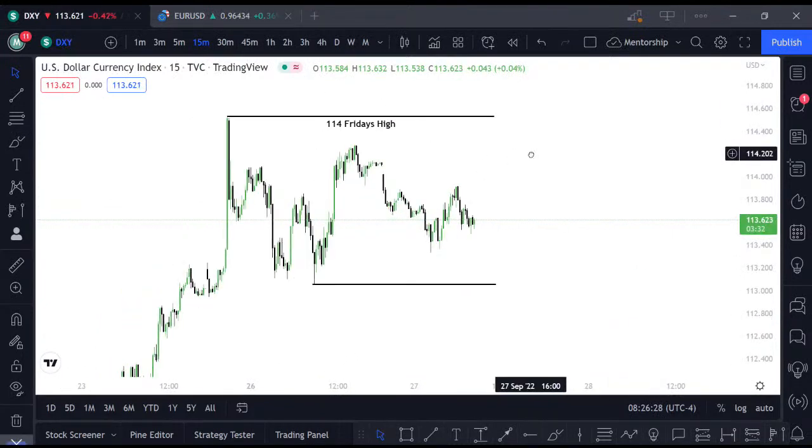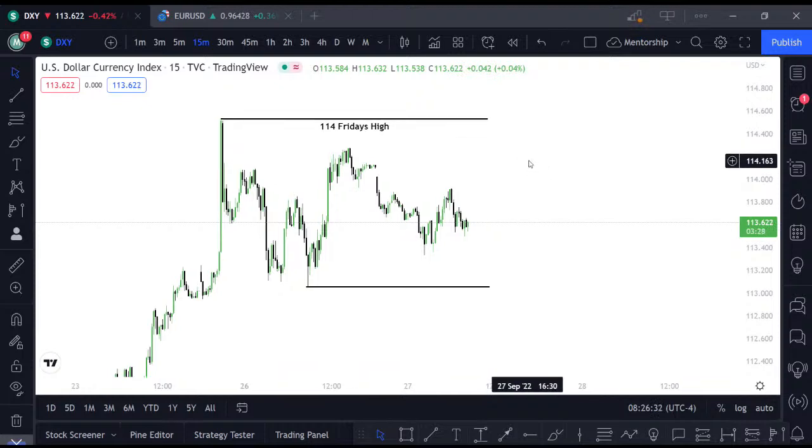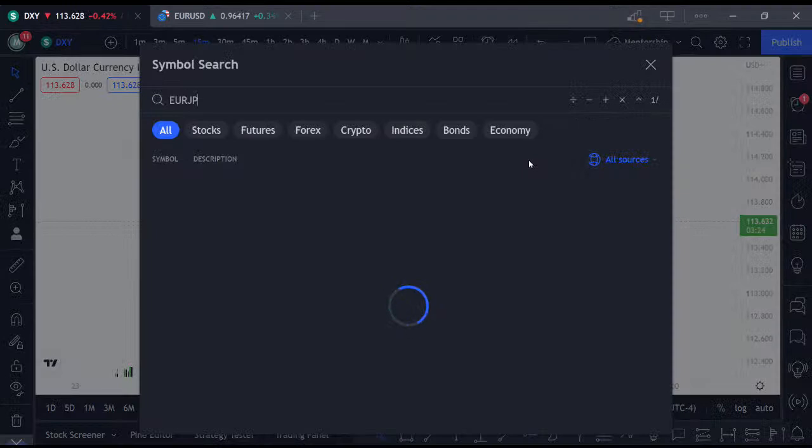Let's look at the euro JPY. Look at the dollar yen, then the dollar pound, and the euro pound. Then we close this session.